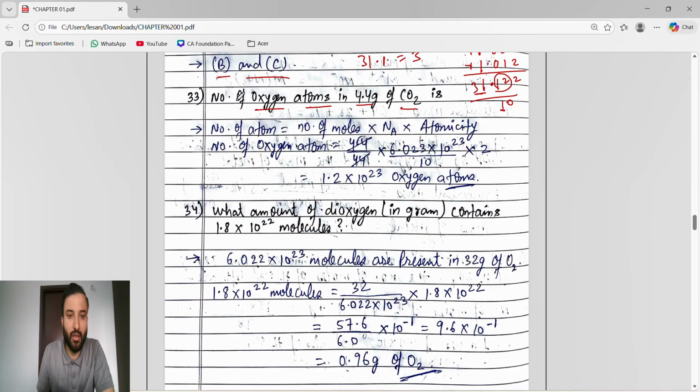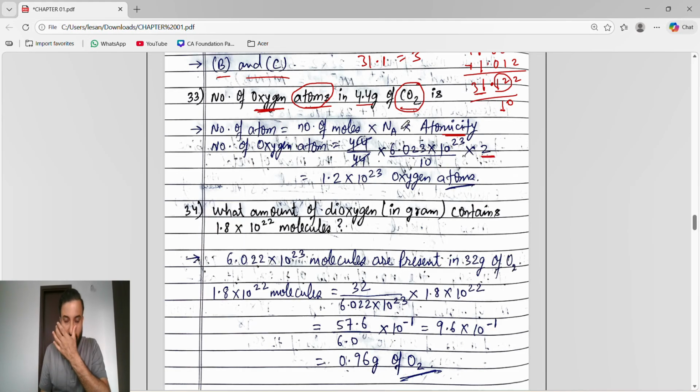For finding the number of oxygen atoms, the formula is number of moles into Avogadro number into atomicity. We will not take the atomicity of the whole compound. Atomicity means of which atom? We will take of the oxygen atom. How many oxygen atoms are there? 2. So atomicity will become 2.